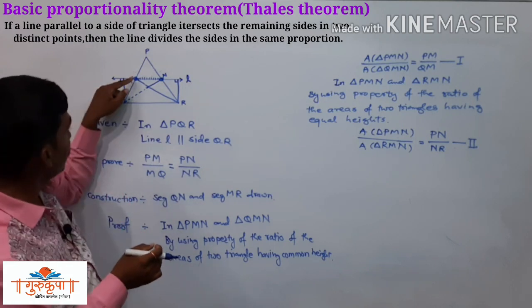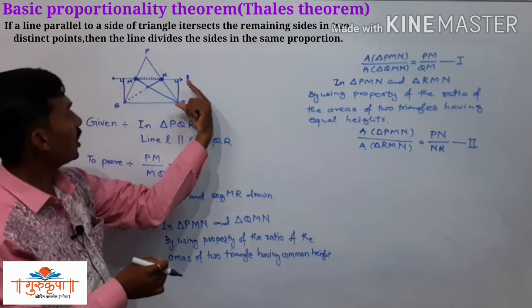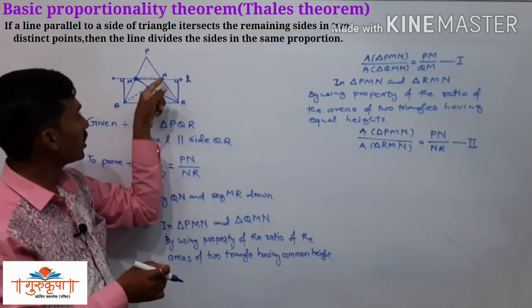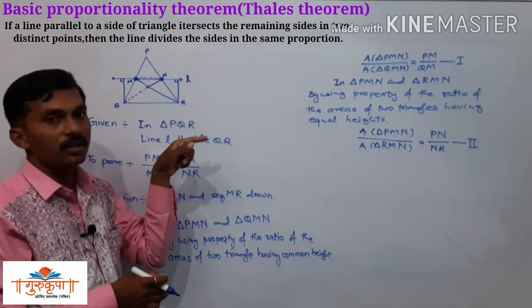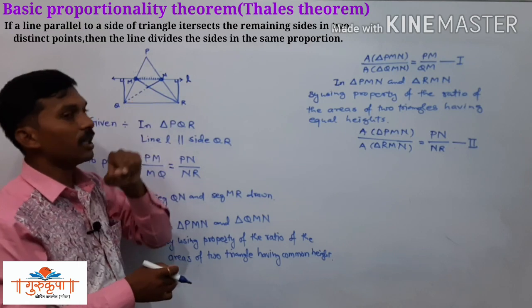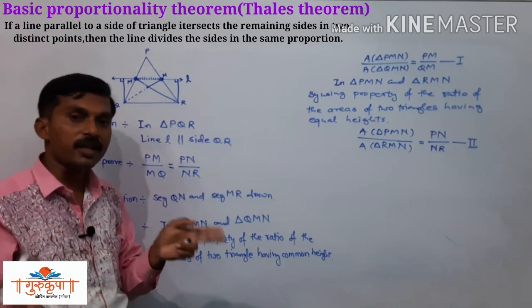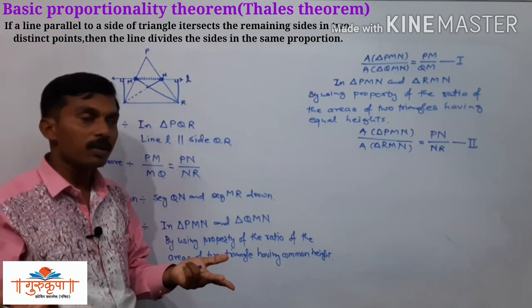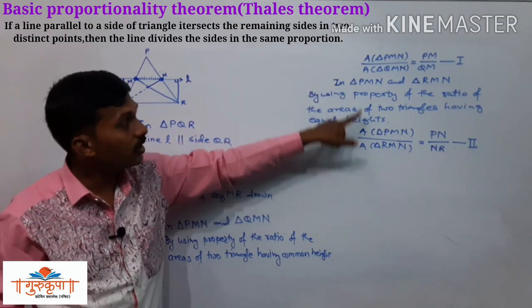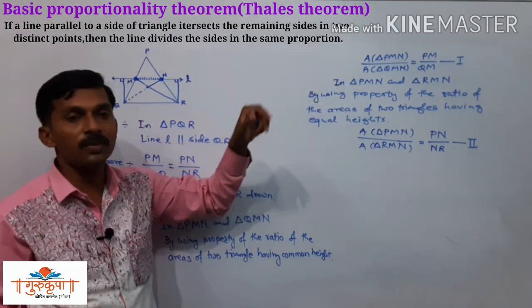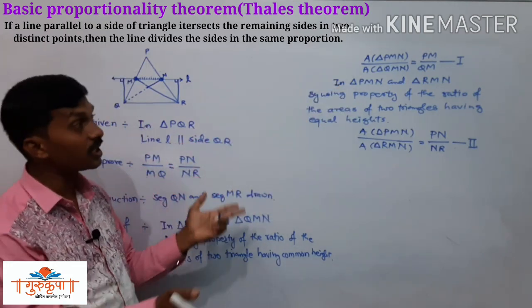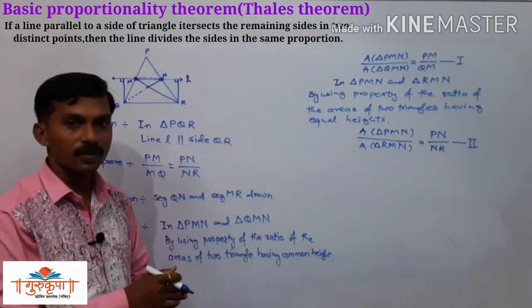हा सेगमेंट QMN या ट्रायंगलची हाईट आहे, हा सेगमेंट RMN या ट्रायंगलची हाईट आहे. एक तर त्या दोघांचा बेस कॉमन आहे, दॅट इज MN, आणि दोघांच्या हाईट पण इक्वल आहेत. Both the triangles are having equal height and equal base, common height and common base, so their areas are equal.